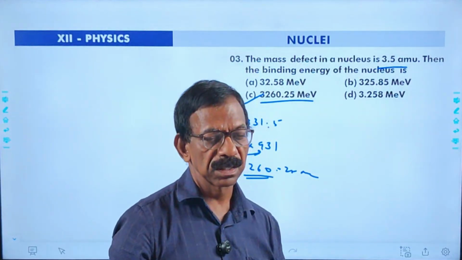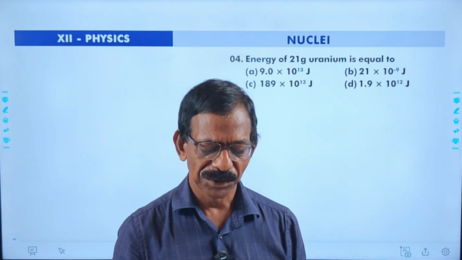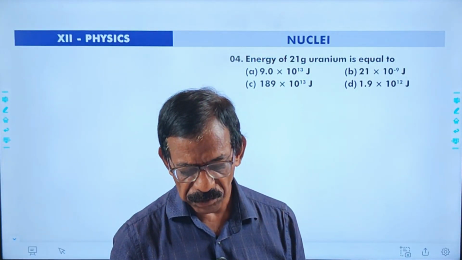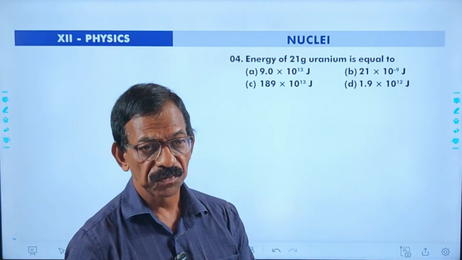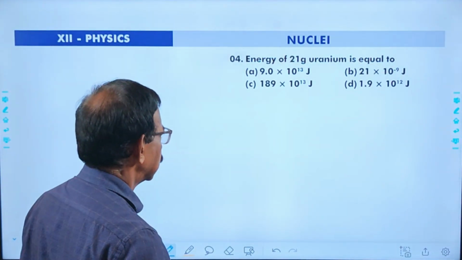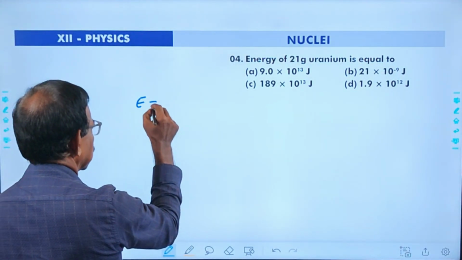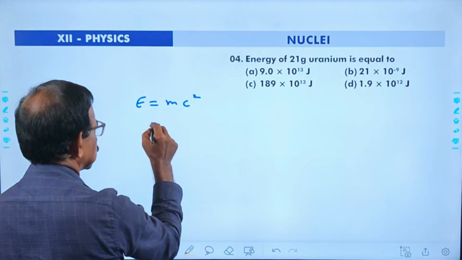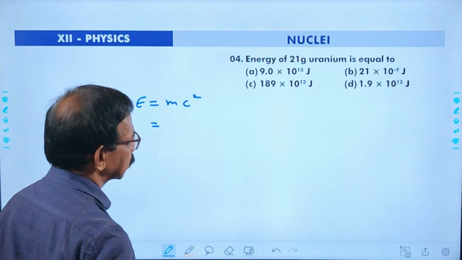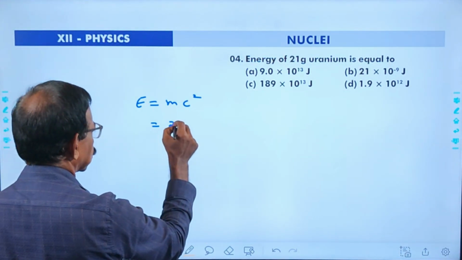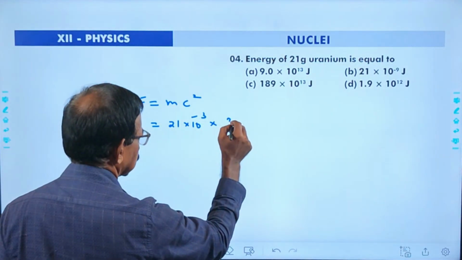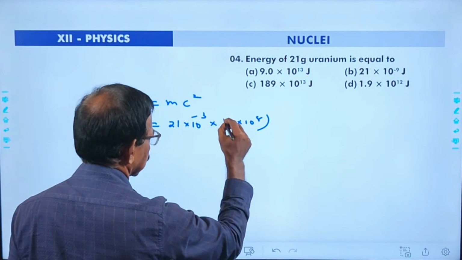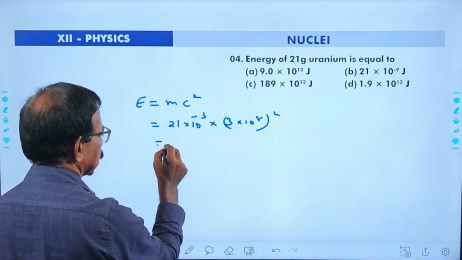Now it is question number 4. Find the energy of 21 gram of uranium. Energy is given by Einstein's mass-energy equation, E equals mc square. Here m is 21 gram, converted into kilogram is 21 into 10 raised to minus 3, and the speed of light is 3 into 10 raised to 8, whole square.